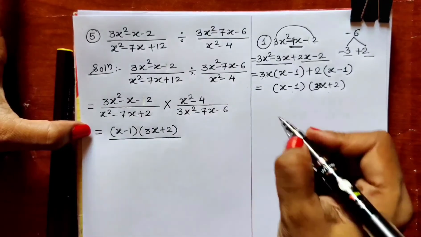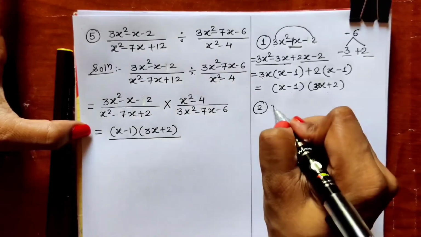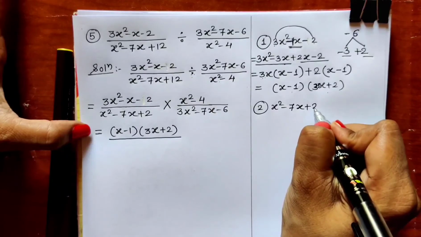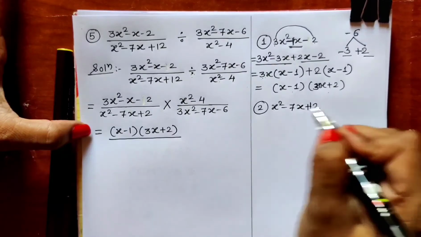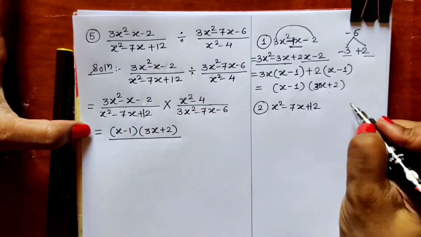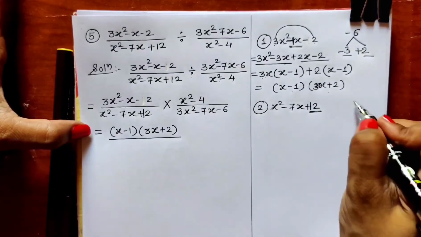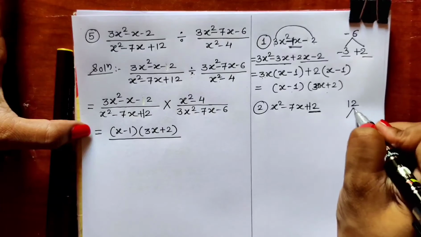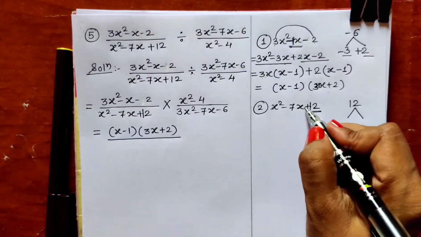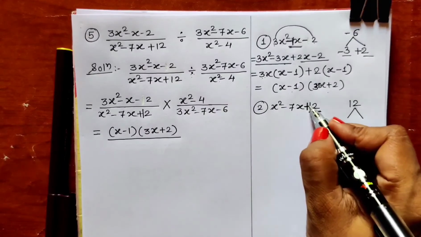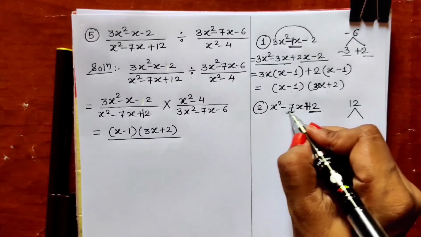In the denominator, the second expression is x square minus 7x plus 12. Here 12 is there. So the first term is having coefficient 1, so we will directly find the factors of the constant term. Two factors of 12 whose addition should be the middle term, 7.